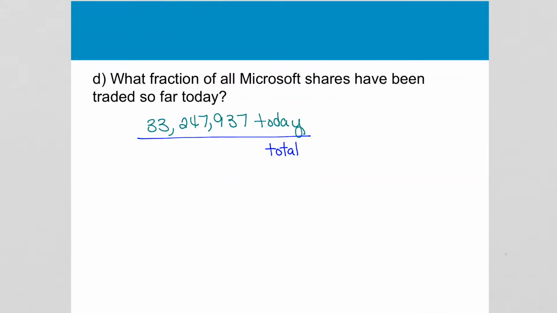So that's 8 billion, 899 million shares.